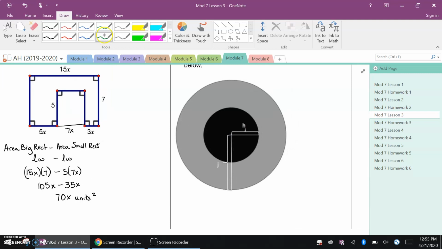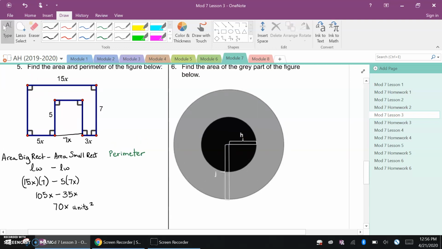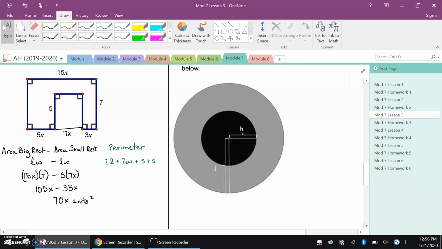For our perimeter, we're just going to walk all the way around our rectangle. So some students always ask, can you go ahead and use a rectangular formula for twice the length plus twice the width and then plus the extra sides? And that's fine if you'd like to do it that way. So we have 2 side lengths that are 7.